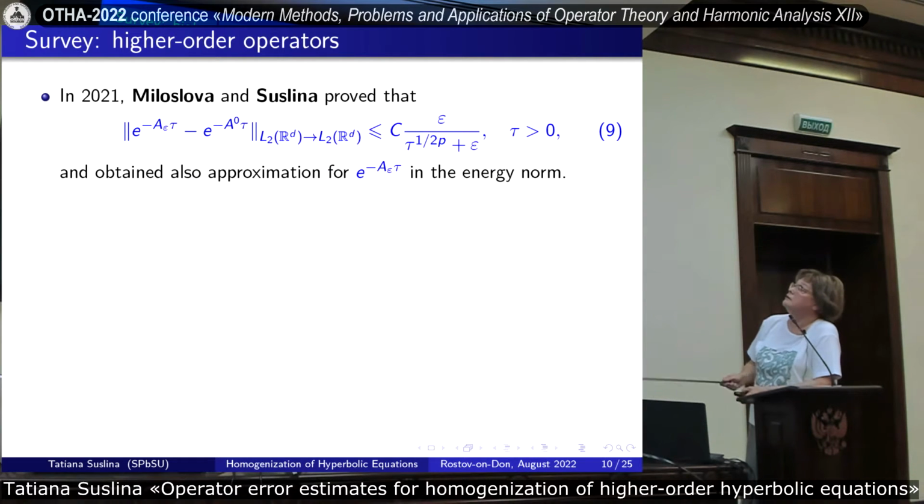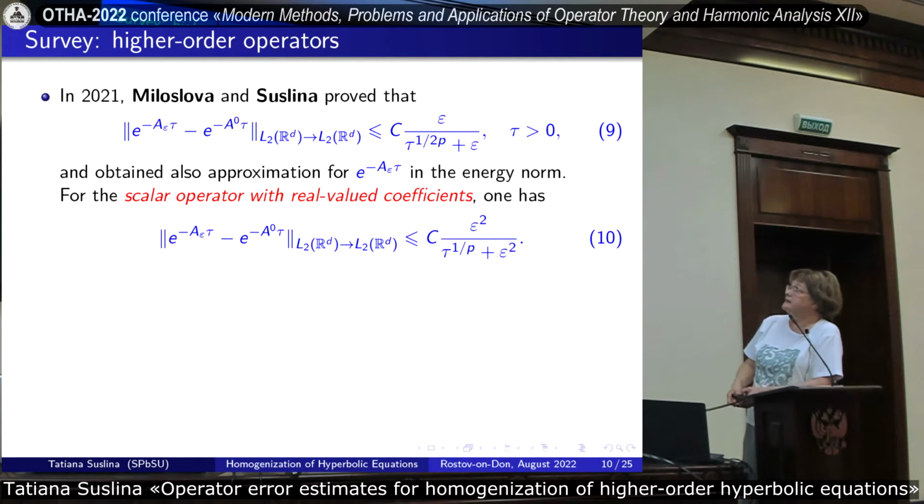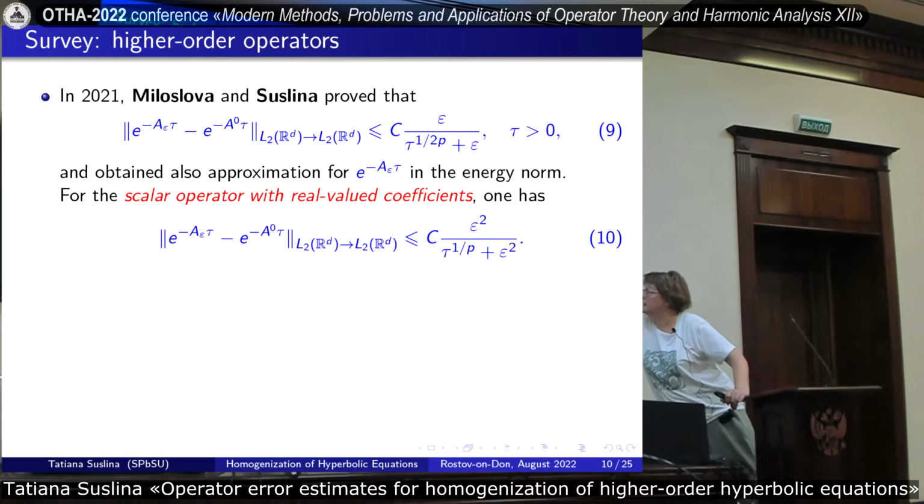And it was a new effect. We don't have such an effect for second order operators. Next, in my recent work with Alyona Miloslova, a similar result was obtained for the semigroup for higher order operators, and also an approximation for the semigroup in the energy norm was obtained. And again, we have such an effect in the scalar real case: the estimate is improved. For fixed time, it's an estimate of order epsilon squared.